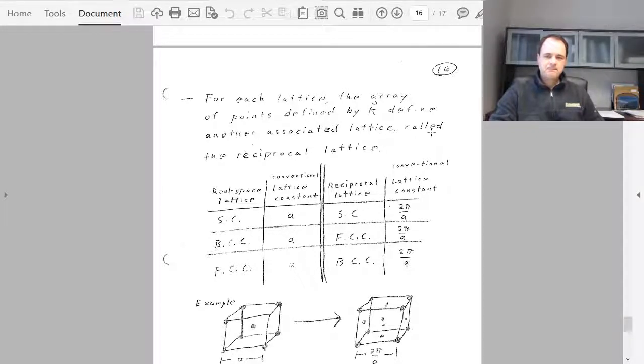All right? So we basically have been now calling this thing another lattice. It is called in solid-state physics the reciprocal lattice.